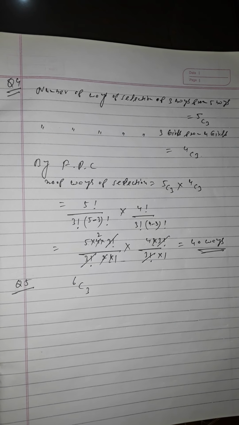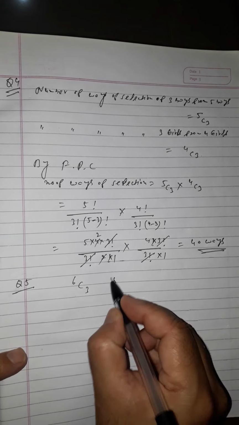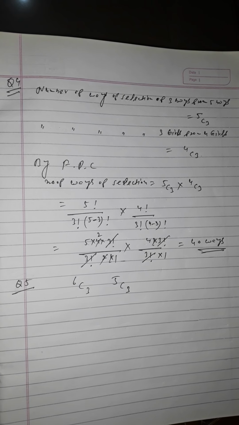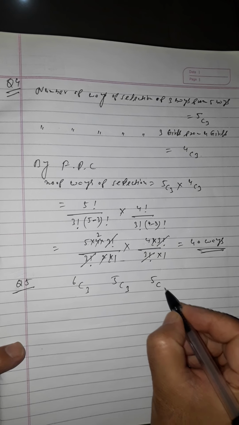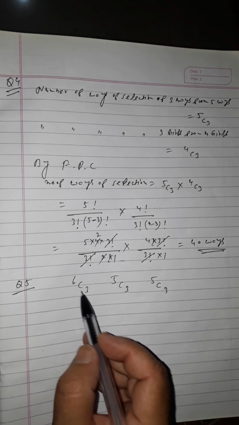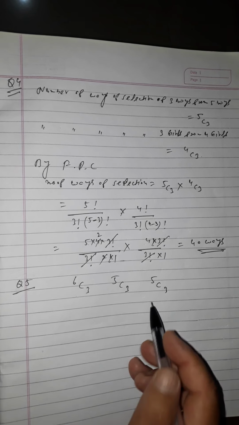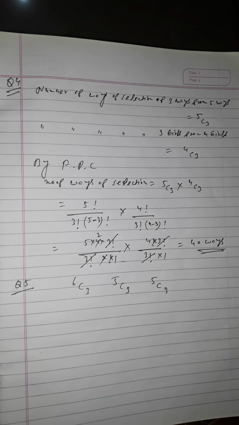From the 5 white balls we have to select 3 balls, and from the 5 blue balls we have to select 3 balls, right? So it will come as equal to 6C3, 5C3 and 5C3 here, students.